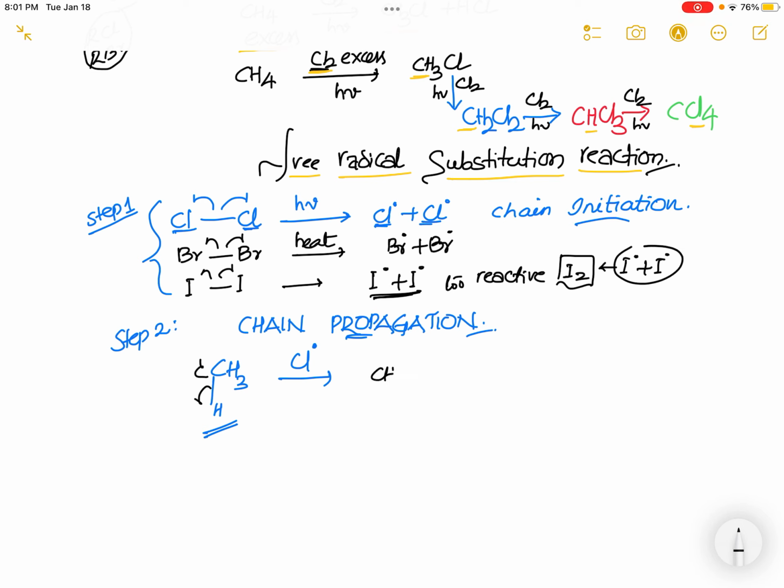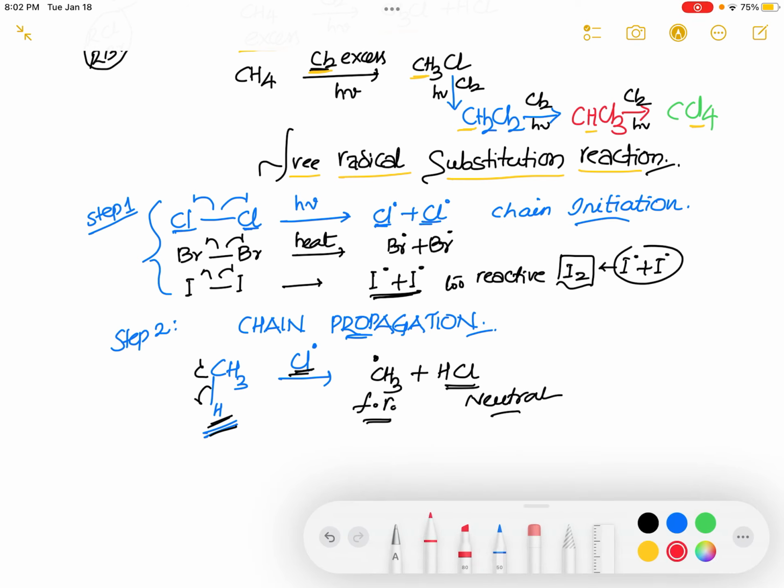You can say like this is CH3 free radical, and in hydrogen chlorine, this hydrogen free radical and chlorine free radical are forming HCl. It is the neutral one, it is the free radical. A neutral molecule and a free radical give you another free radical and another neutral molecule, then that step is called propagation.